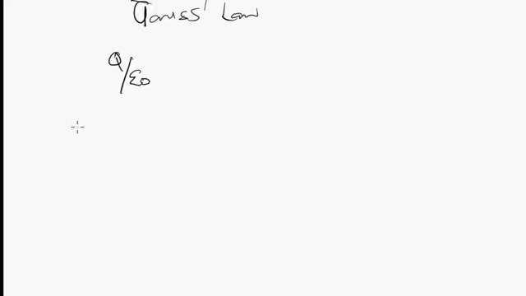So simply, the flux is equal to Q, which is the charge, over epsilon naught.